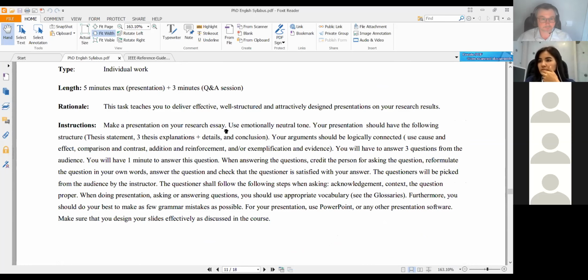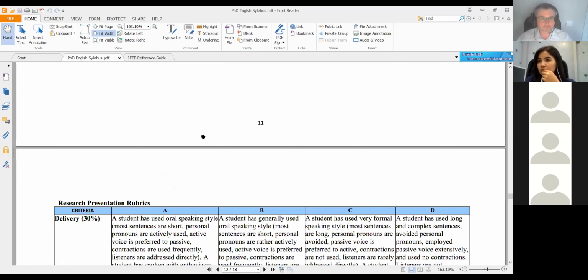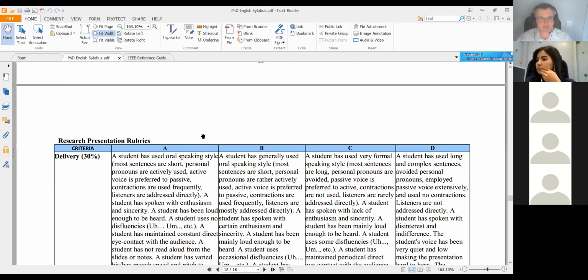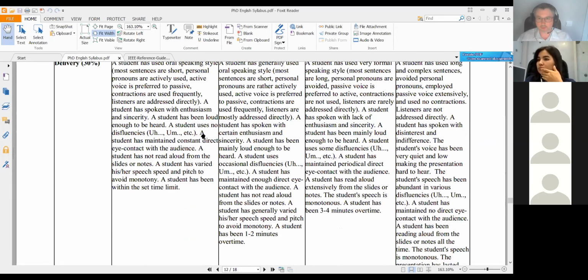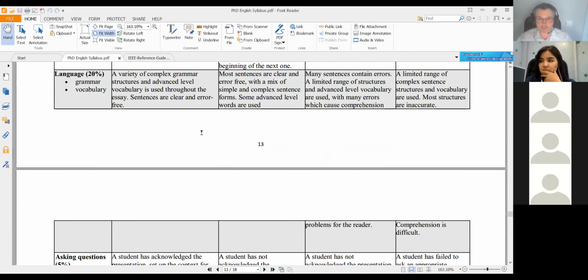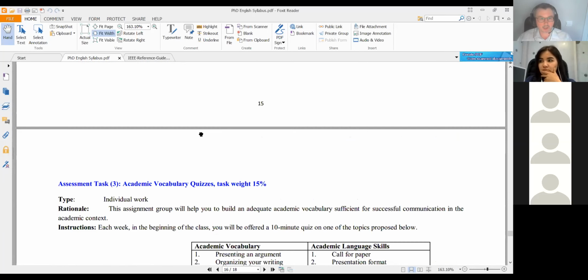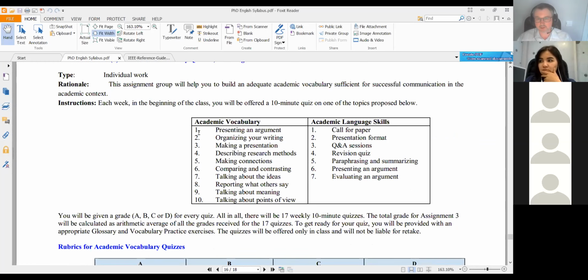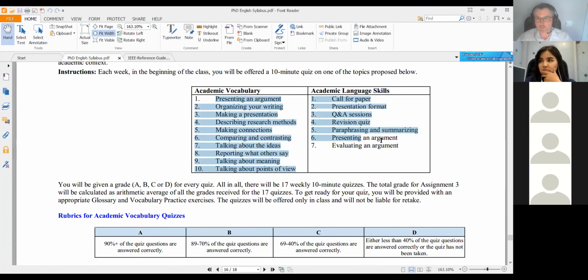Good to know, Karam. Right, anyway, these are the research presentation rubrics, okay, which you can read. And this is the list of all the quizzes and of all the vocabulary topics that you're going to take and that we are going to cover. All right, like you can see that there are two groups.